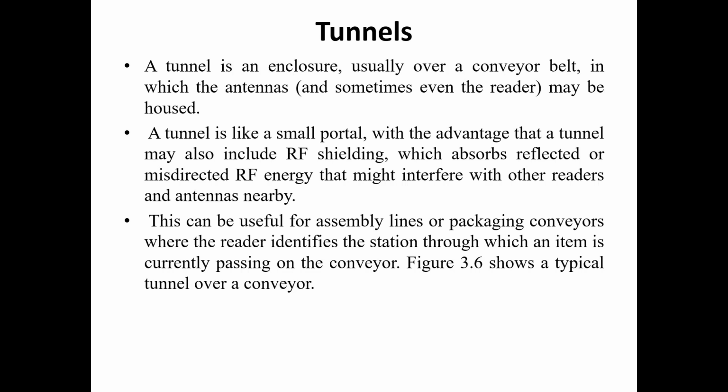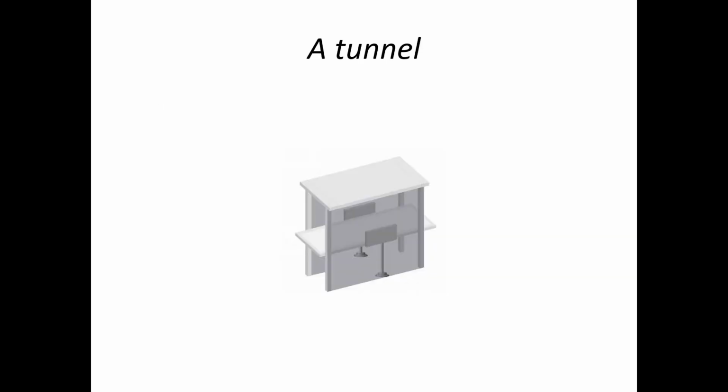The second one is tunnel reader. It means antennas placed inside a tunnel structure, often built around the conveyor belt. How it works: items with RFID tags pass through the tunnel and antennas from all sides read tags simultaneously.